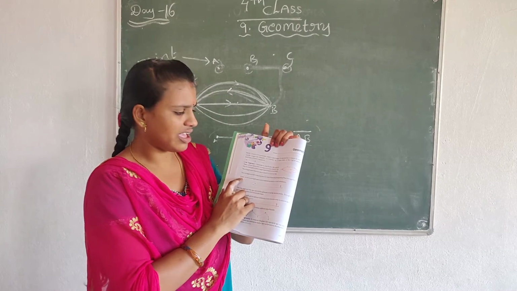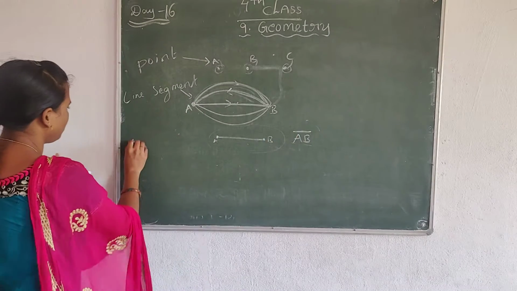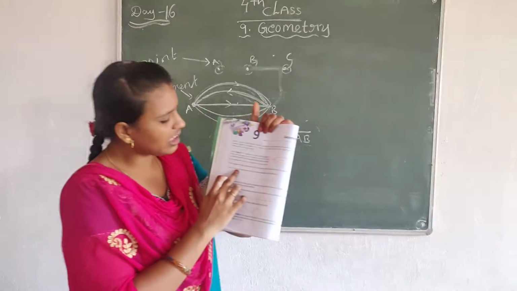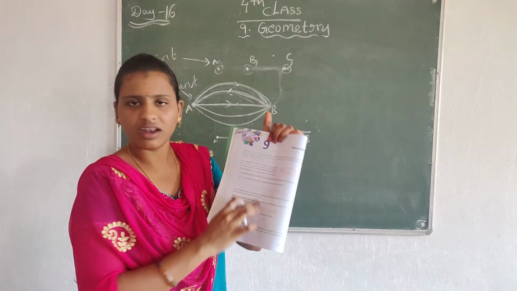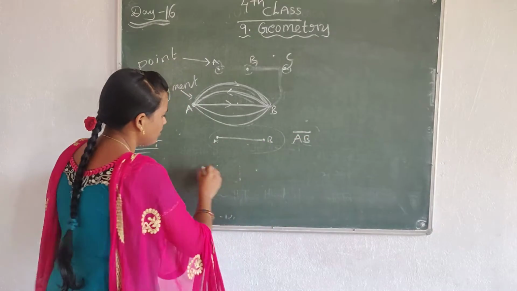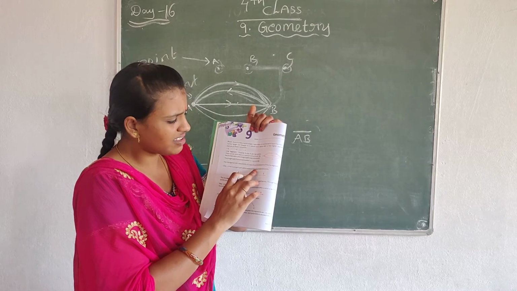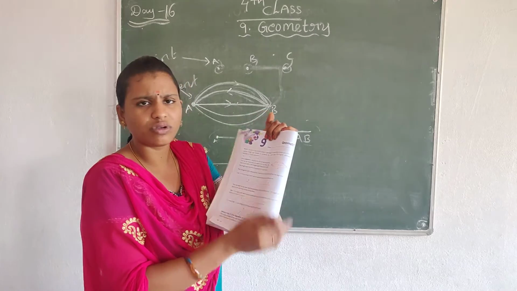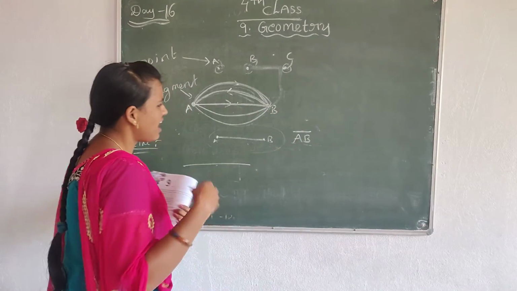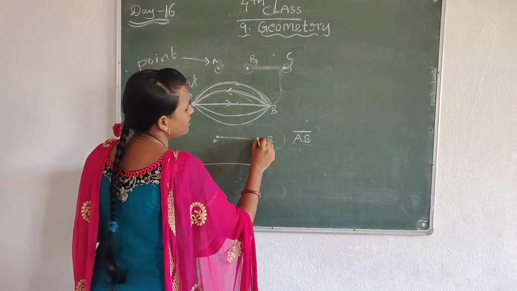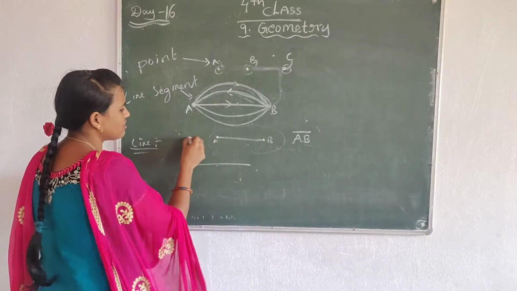Next one is line. What is this? A line is a straight path like this, which extends endlessly in both sides. For example, can you drag this from this side and this side?